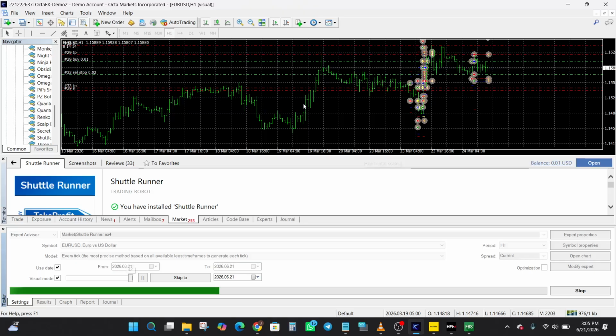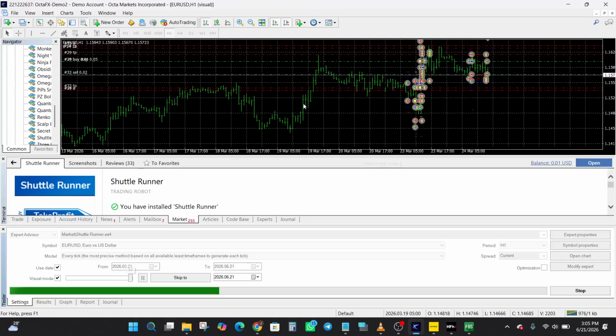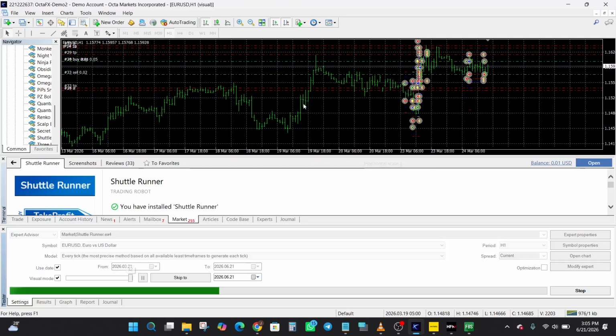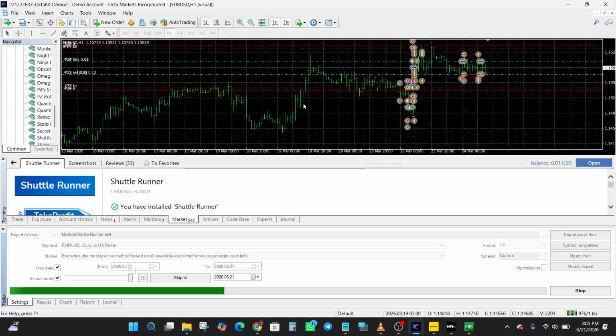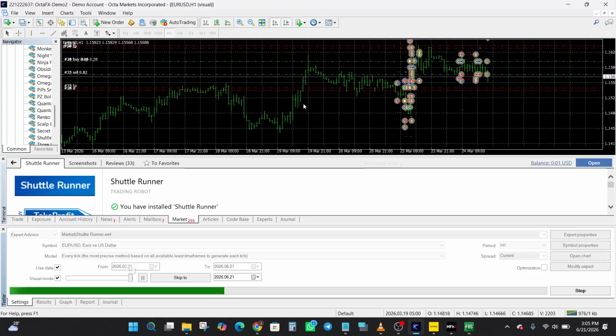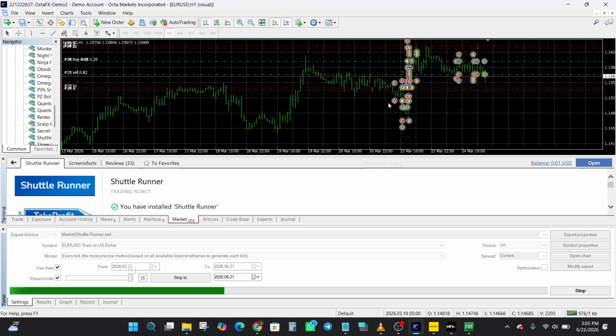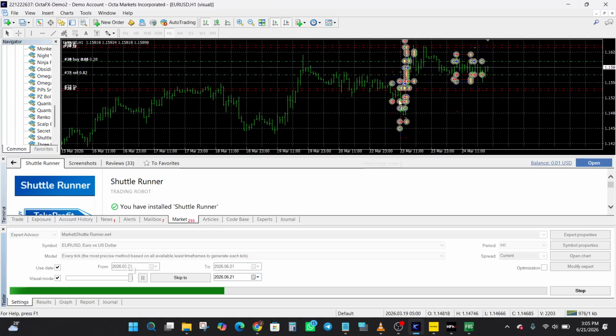Okay, so overall, the Shuttle Runner EA presents a very transparent marketplace description, with the developer openly explaining how the strategy operates and how the key settings influence execution.